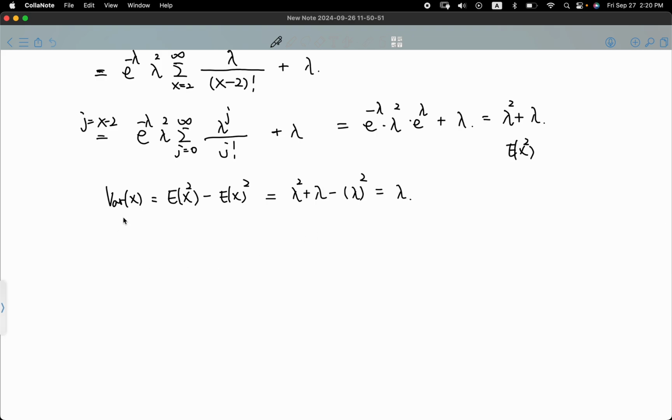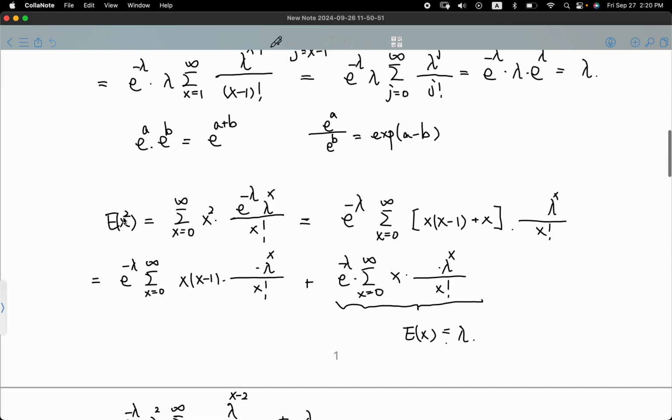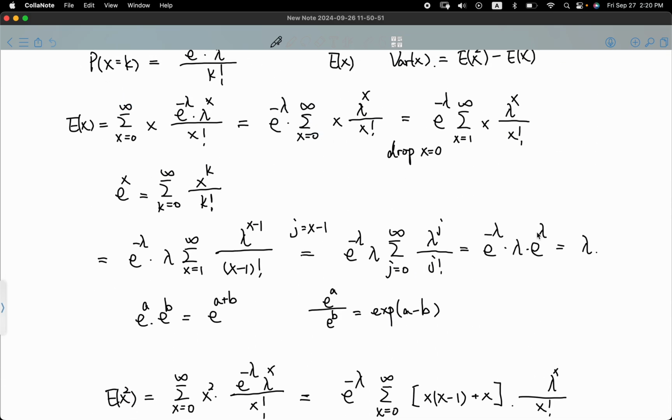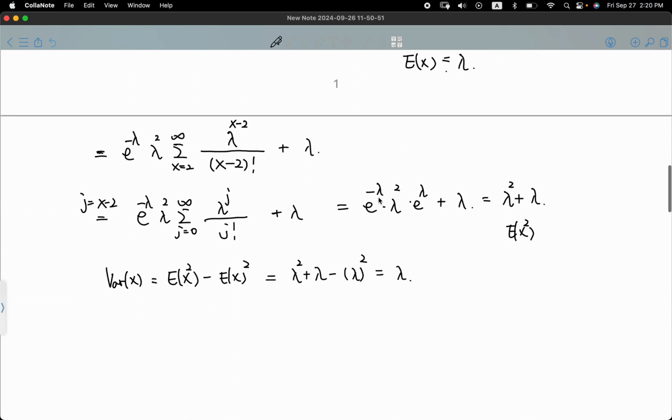So for the Poisson distribution, the first moment is equal to lambda, and the variance of a Poisson random variable is also equal to lambda. Okay, so this is for a discrete random variable, specifically X following a Poisson distribution.